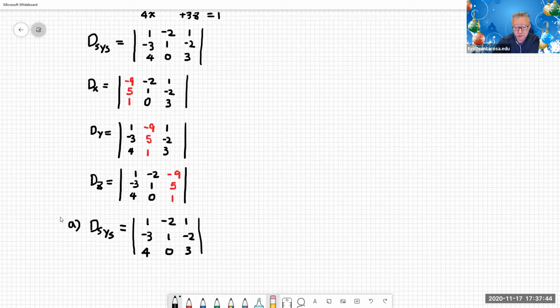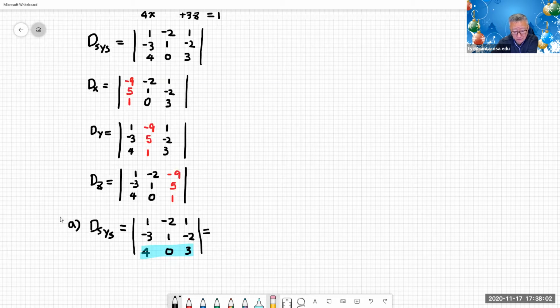So what I'm going to do here is select a row or column that becomes my pivot row. Okay, so I'm going to use the third row as my pivot row. Okay, so we're going to expand this.